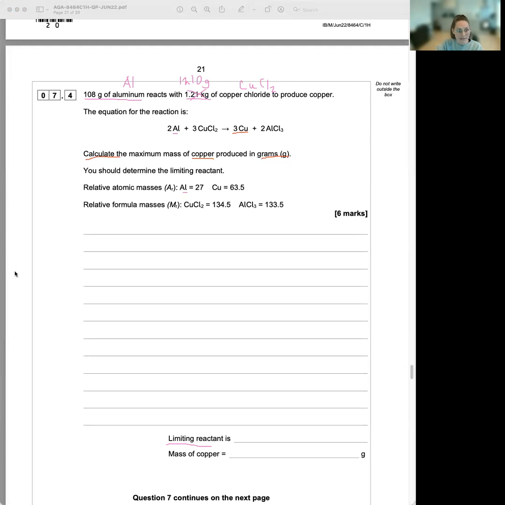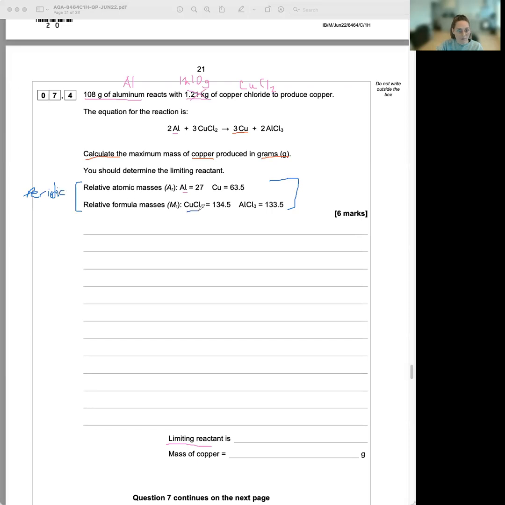Now, the next nice thing that they've given me is my relative atomic / formula masses. This is the stuff that comes from the periodic table. If you didn't have this, you would look at the periodic table and get your numbers from that.